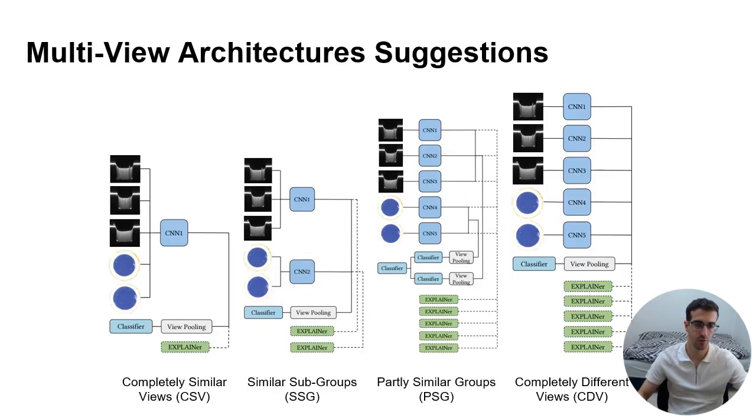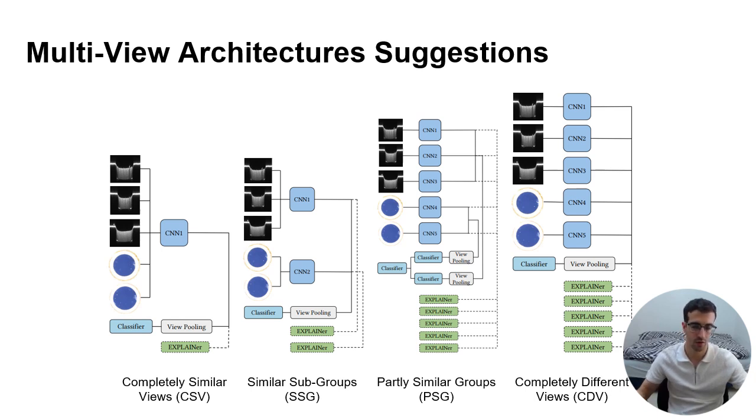Then we suggest 4 multi-view architectures. Each has its own assumptions and is suited to other problems. So from left to right, the first one is completely similar views, or CSV. We assume that each view is visually similar to the other views, and therefore a single feature extractor, a single CNN, will be trained on all of them, and will be tuned to extract the features from all of them, and this is sufficient.